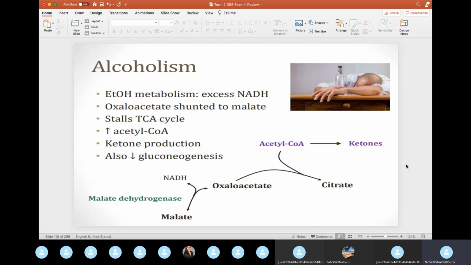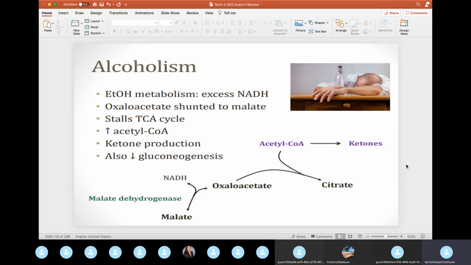Okay, guys, alcoholics, right? So if you're a chronic alcoholic, what happens? You have an excess of NADH. So your oxaloacetate cannot be shunted to malate in your TCA cycle. Therefore, it stalls your TCA cycle. Since the TCA cycle is stalled, you have more and more substrate of acetyl-CoA.